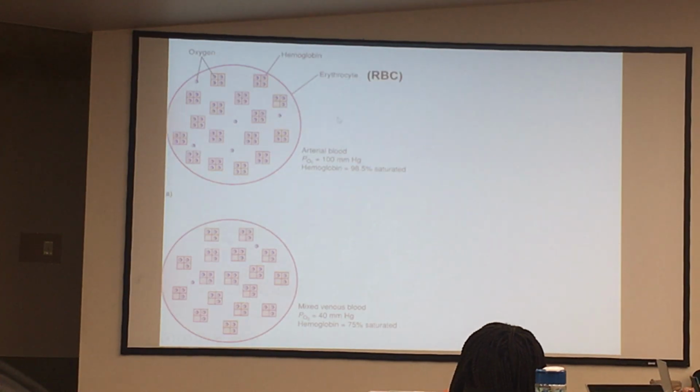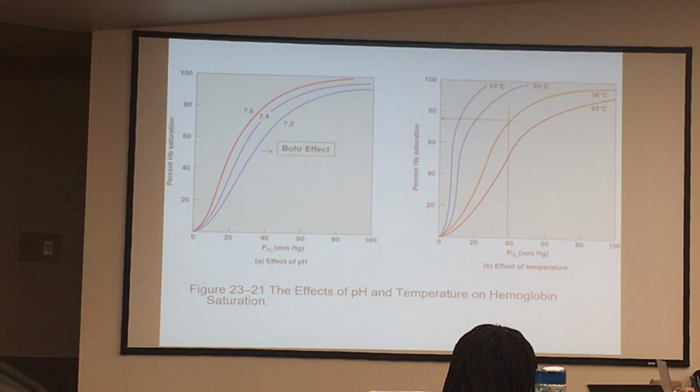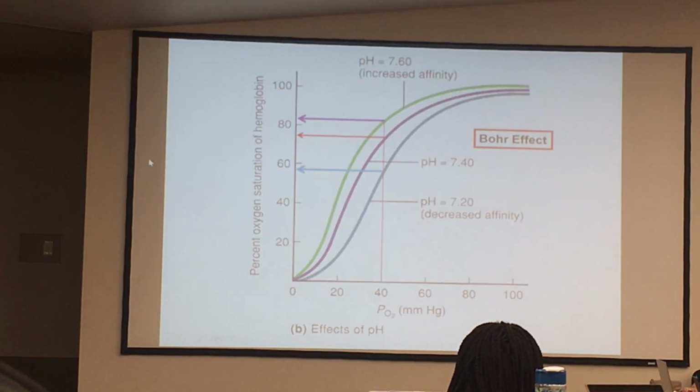What I mean by shift to the right, I have to draw a line here. Normally our pH value is 7.4. If it goes down to 7.2, that means we have more CO2 and more hydrogen ion. And the pressure, when it goes back to the heart, is still 40 millimeters of mercury.